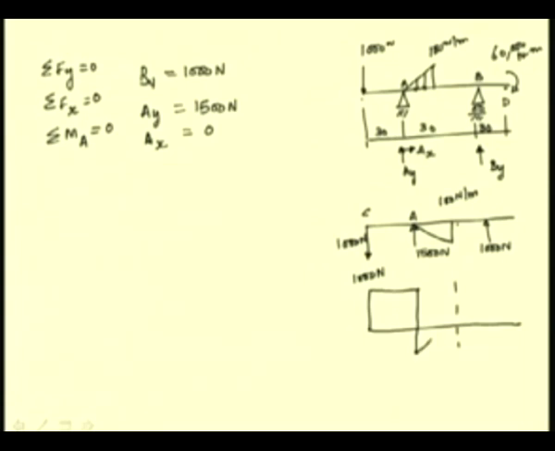We know that it has to be a quadratic curve, and the total area under this curve is 1500 Newton, and thus it rises to the point with positive 1000 Newton shear force value. Between this portion and B we do not have any change, and at B we have this 1000 Newton positive force, and so the shear force curve comes down. These are the various points.